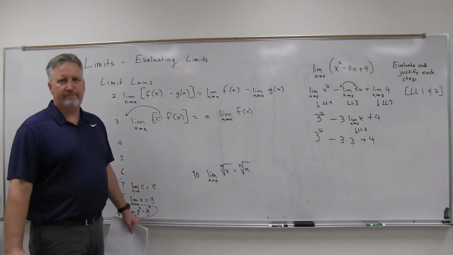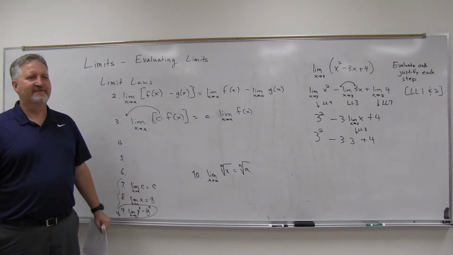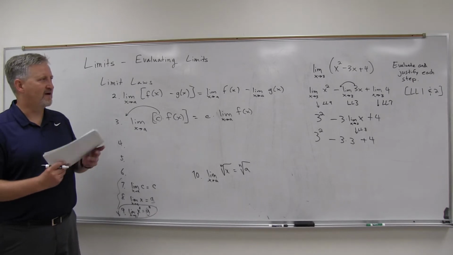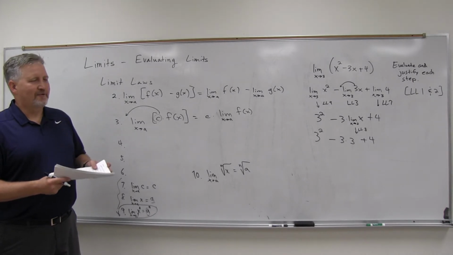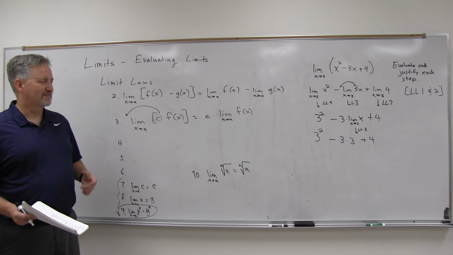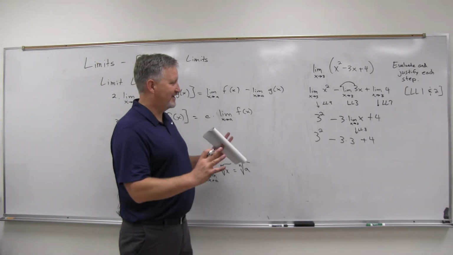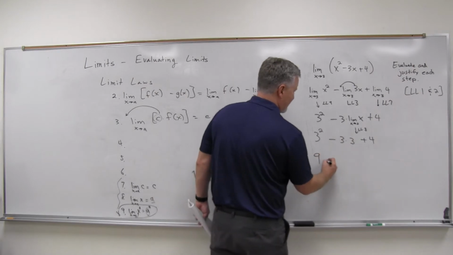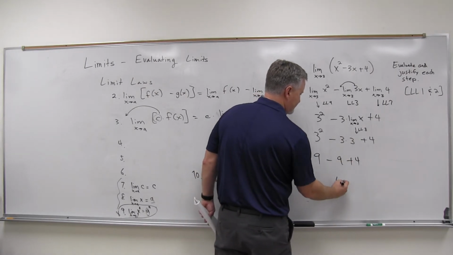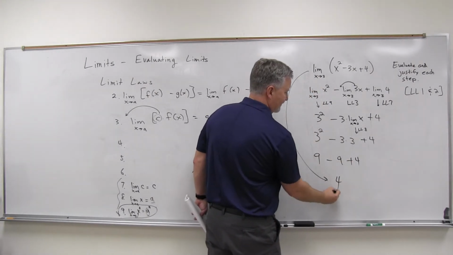So on that problem in the homework, that's sort of what they have in mind there. You won't have to do this for one problem. Anyway, we get 9 minus 9 plus 4, so this limit is 4.